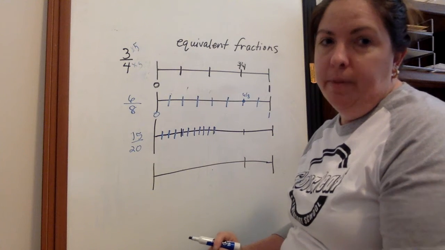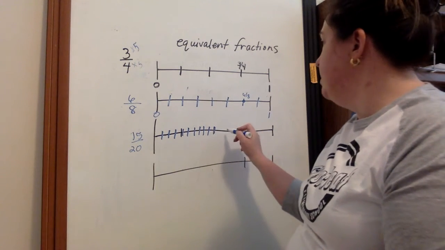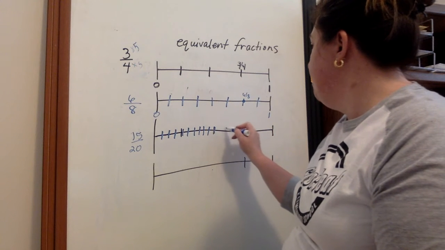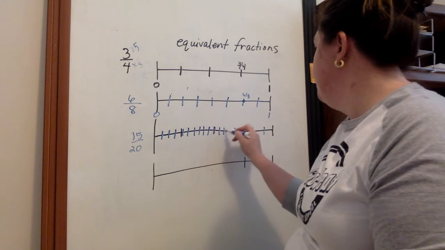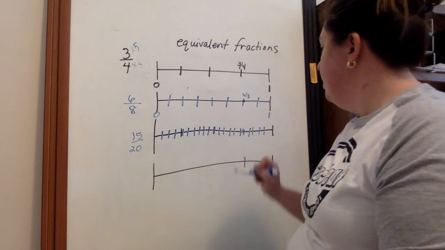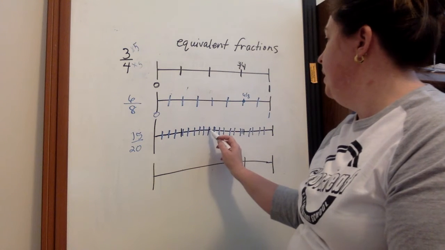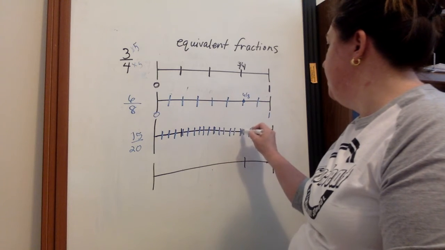This is trickier because there's more parts, but I separated this half into 10 so that I know I can separate this half into 10. 1, 2, 3, 4, 5, 6, 7, 8, 11, 12, 13, 14, 15, right?